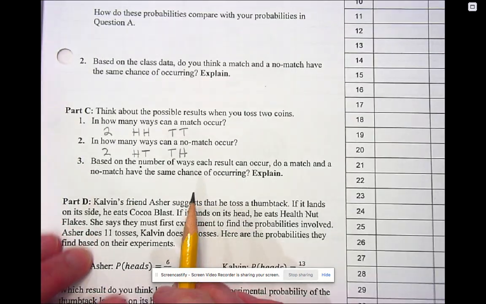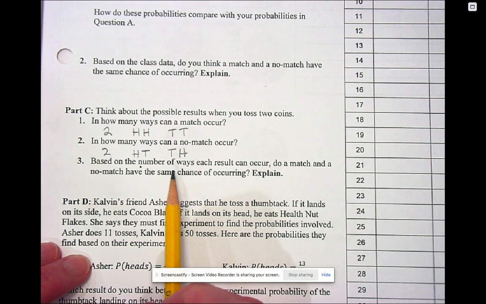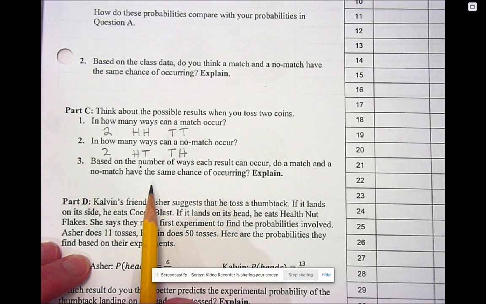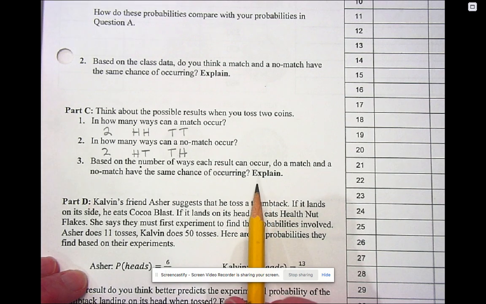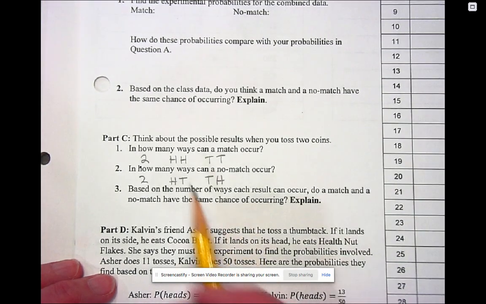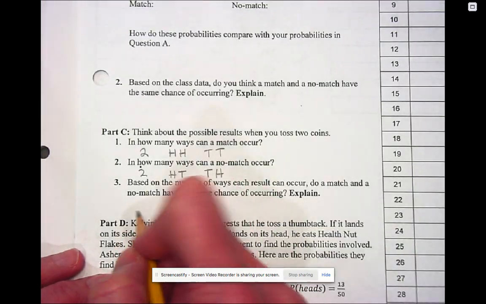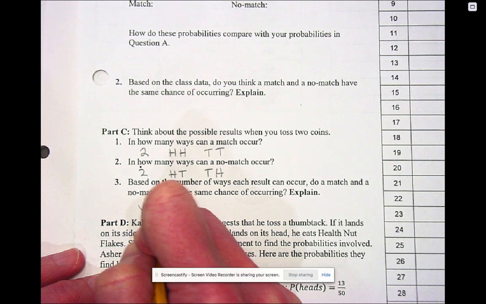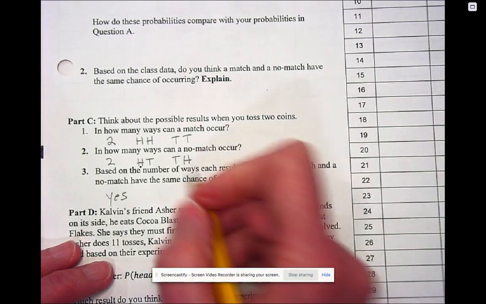So it might have been a little hard to see. So if you actually looked at it, do you think match and no match have the same chance of occurring? Okay, so really you should have said yes. It really wasn't this fool of 2 to 3. It was actually 2 to 2. Okay, so two ways for each.